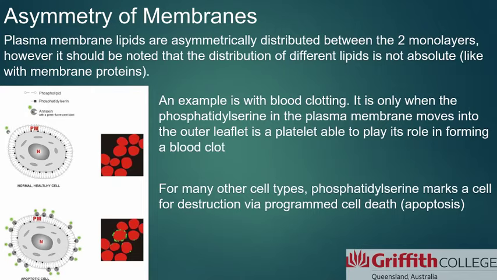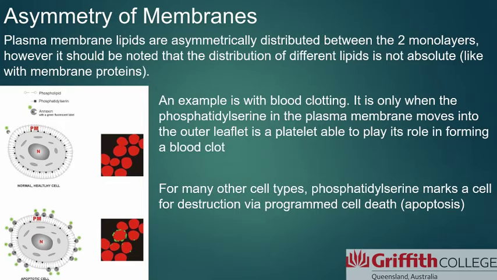Now, this is touching a little more on the asymmetry of the plasma membranes. I should probably move this a little earlier in the PowerPoint slides. Essentially all this is doing is giving an example.